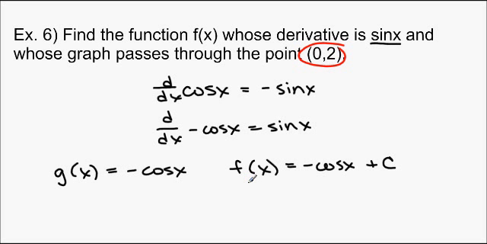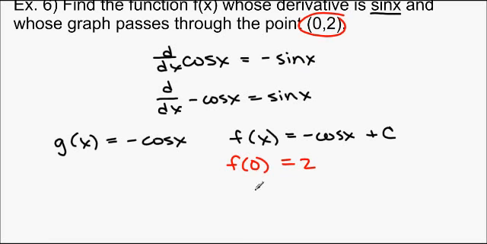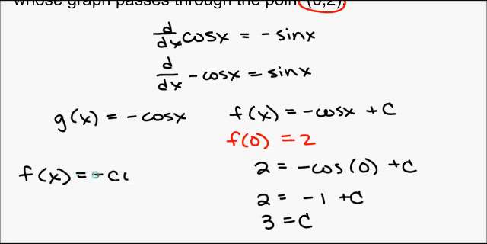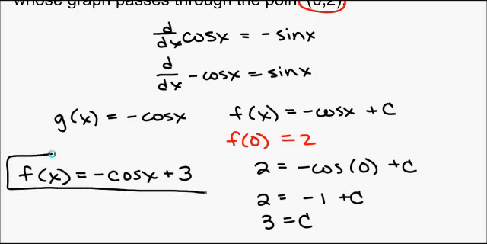So f of 0 equals 2 means that 2 equals negative cosine of 0 plus c. Cosine of 0 is 1, so this is negative 1 plus c. When I add 1 to both sides, I get c equals 3. This leaves us with f of x is negative cosine x plus 3.